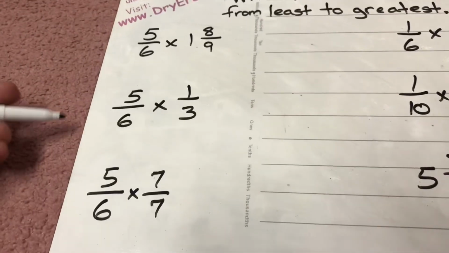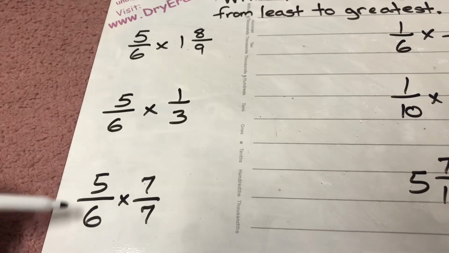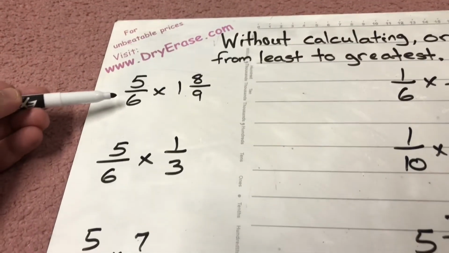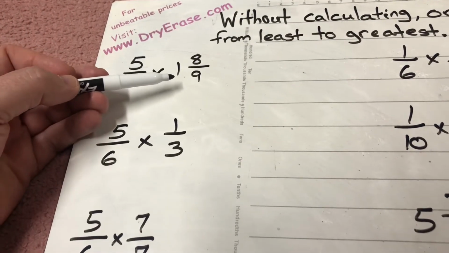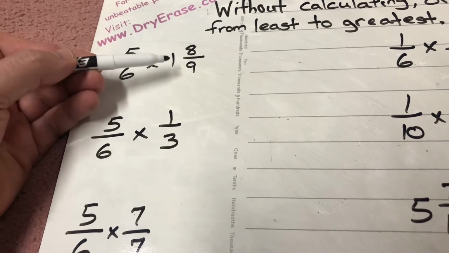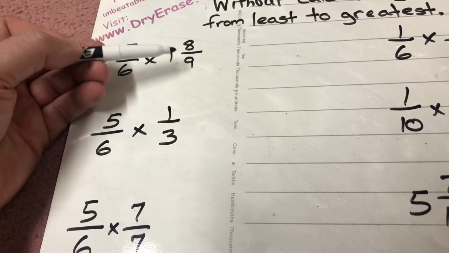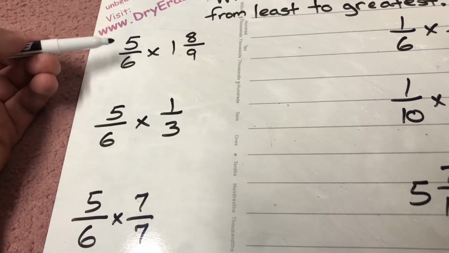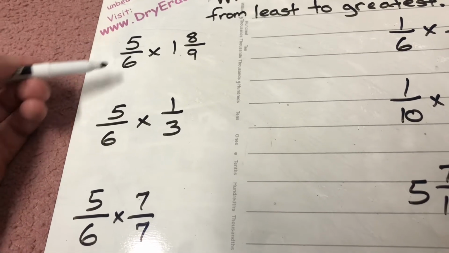So if I see in this problem, all of them have 5/6. Well, in this first one, I'm taking 5/6 and multiplying it by 1 8/9, a number that's bigger than 1. So my answer here is going to be bigger than 5/6.